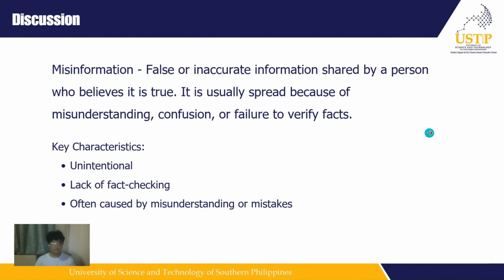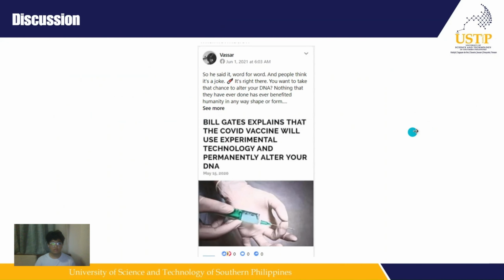An example of this is this post. It says that Bill Gates explains that the COVID vaccine will use experimental technology and permanently alter your DNA. The one who shared it believes it. He said it word for word, and people think it's a joke.